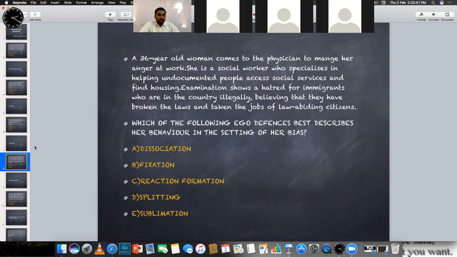Now, there are these people who have illegally immigrated into the United States, here in this example. She thinks that these people have broken laws and they are not law-abiding citizens.